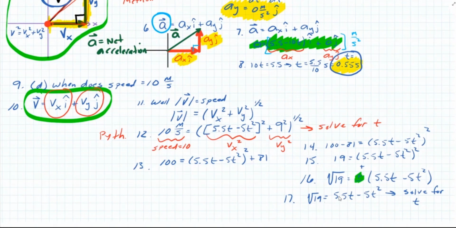Okay, let's begin. My squared term is -5. My linear term is 5.5. My constant is negative square root of 19.